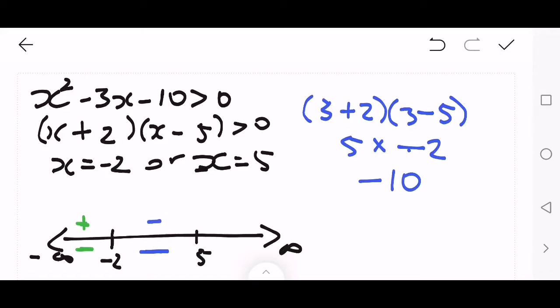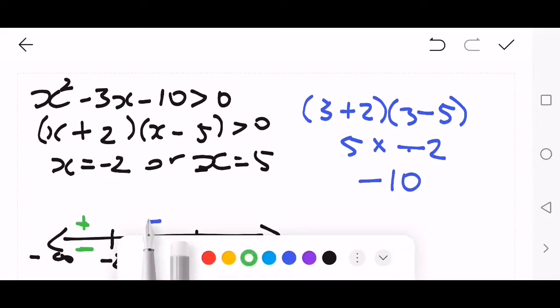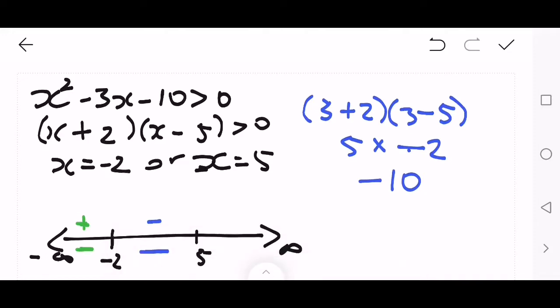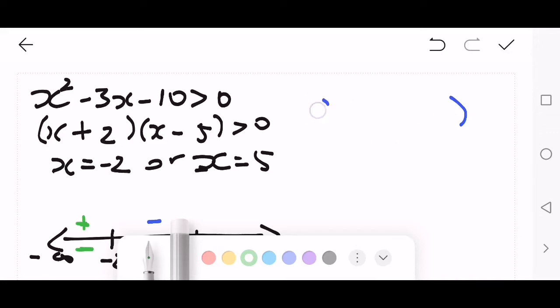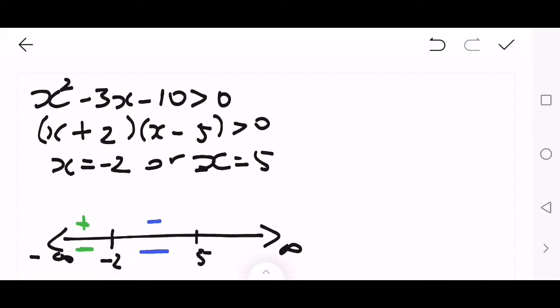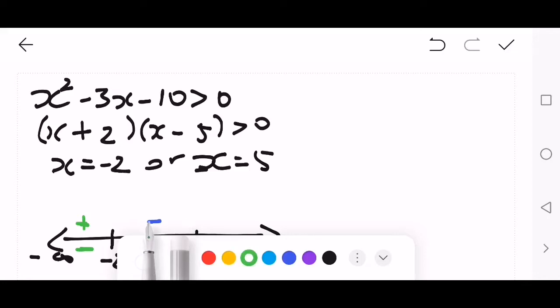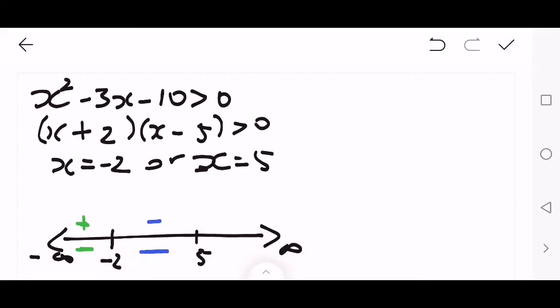Now we need to choose a number greater than 5 in the number line. So we need to choose a number from over here. That number can be, let's say for example, 7.